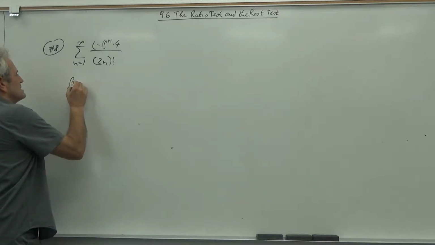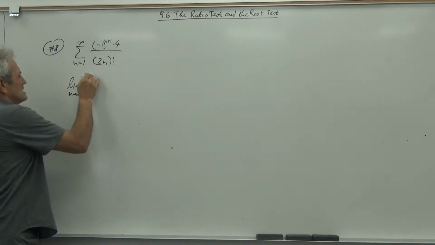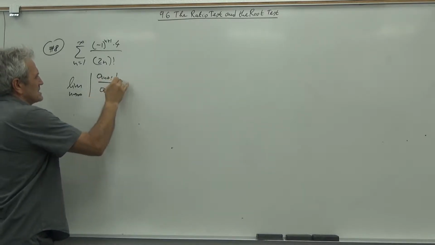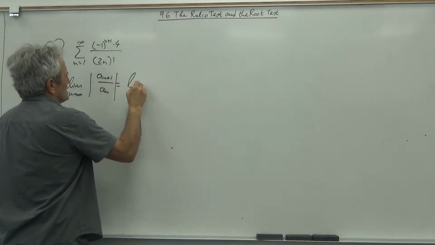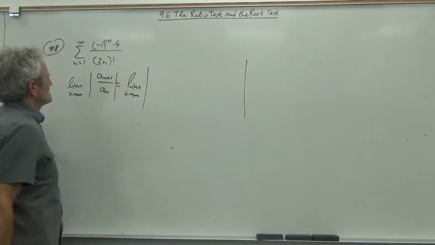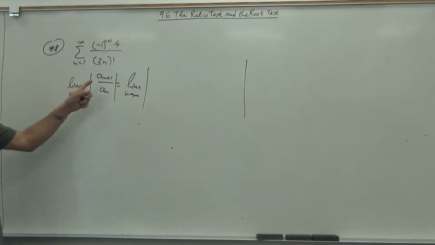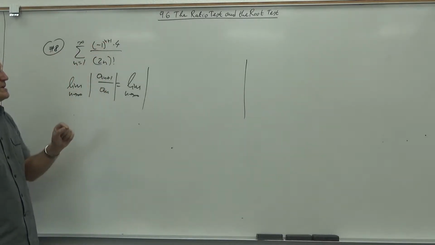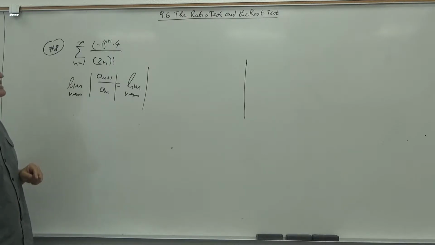So the limit when n goes to infinity of the absolute value of a_(n+1) over a_n equals the limit as n goes to infinity. Usually when we do this, here's what we do. N plus 1, what does it mean? Wherever you see n, you put an extra n. Make sure that you do it carefully.